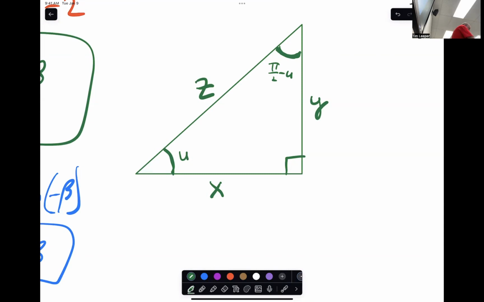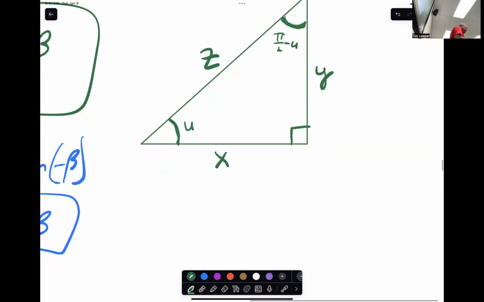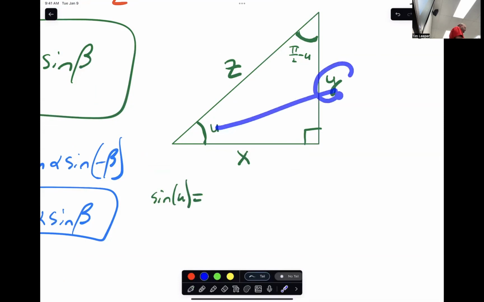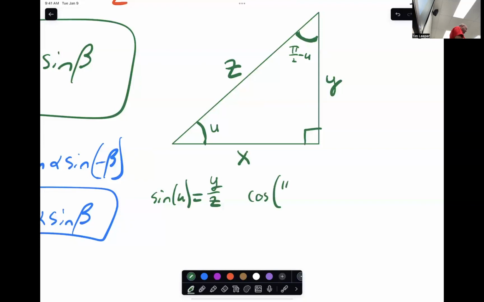Let me look at a couple of things. What is the sine of U? Well, sine of U using SOHCAHTOA, opposite is Y over the hypotenuse is Z. So sine of U is Y over Z. Okay. Well, what about the cosine of pi over 2 minus U? Well, the cosine is always the adjacent over the hypotenuse, right?